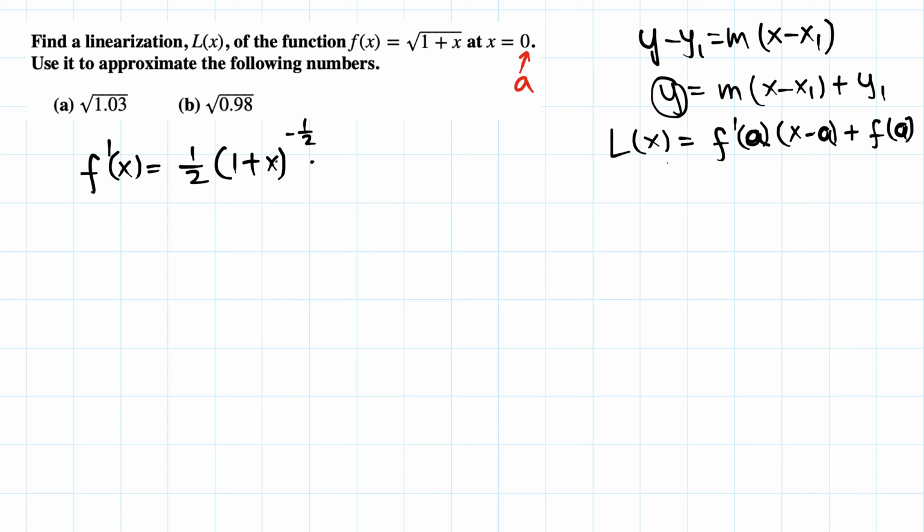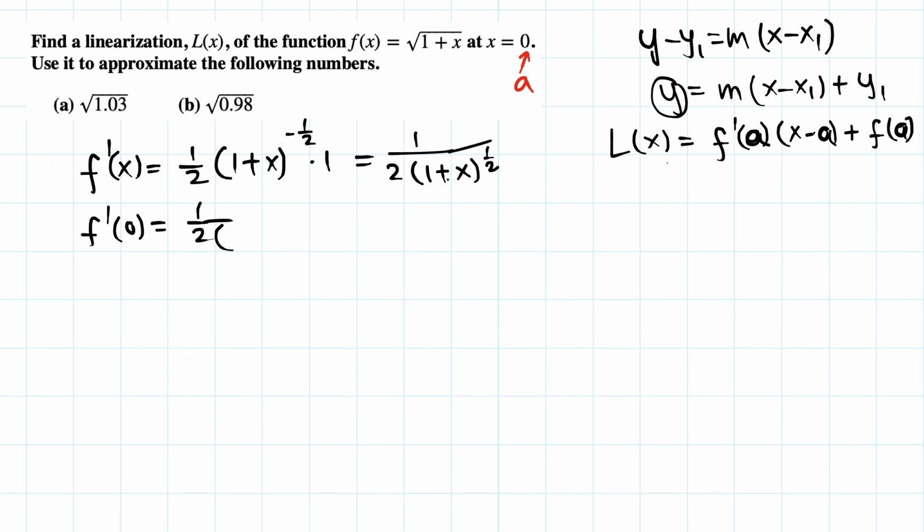The derivative of 1 plus x is simply 1. This negative exponent we can put on the bottom, so it is 1 over 2 times 1 plus x raised to 1/2. That's the slope at any point x, but we want it at a equals 0.